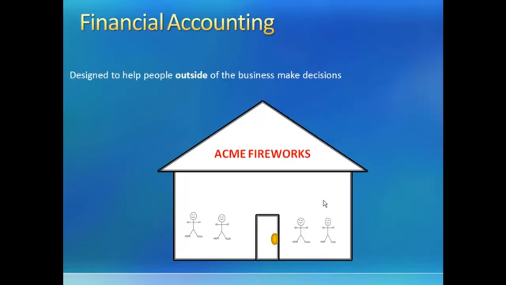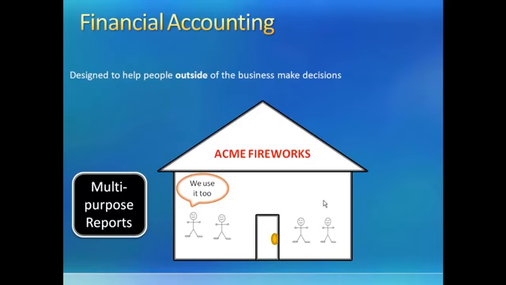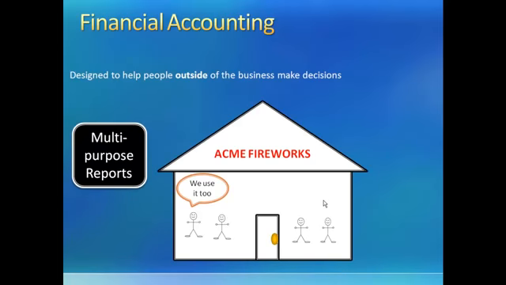Although financial accounting is designed primarily to help people outside the business make decisions, internal decision makers use financial accounting too. Financial accounting produces multi-purpose reports. What this means is that financial accounting prepares one set of financial statements, and those financial statements or financial reports are used by anyone interested in the financial reporting.